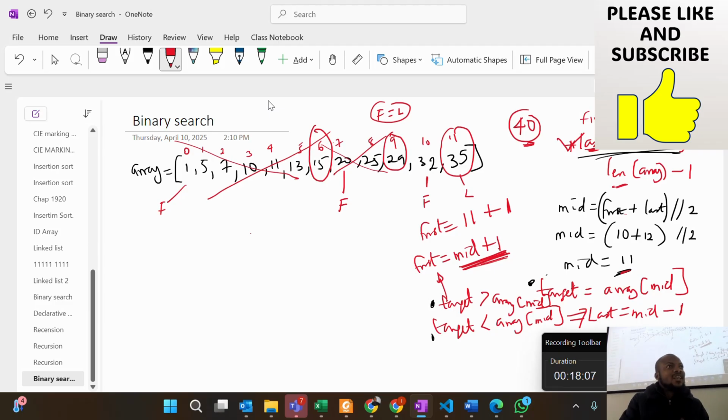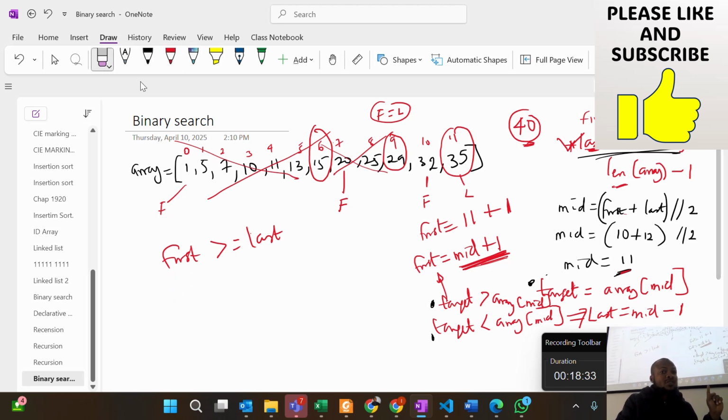So we have to set a condition that once first is greater than or equal to last, then you have to stop. Initially, we said the first condition was when first is equal to last, with our previous example, isn't it?